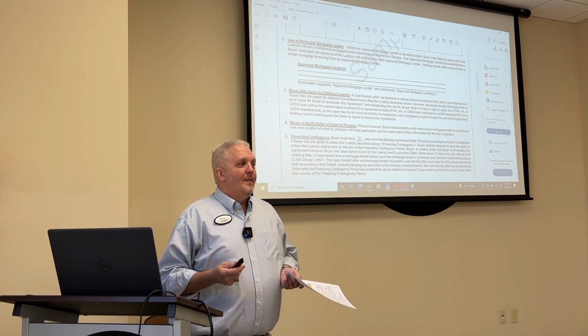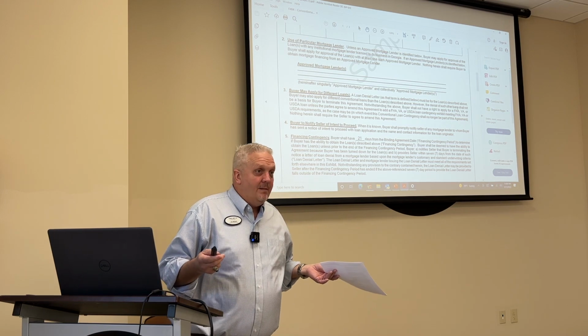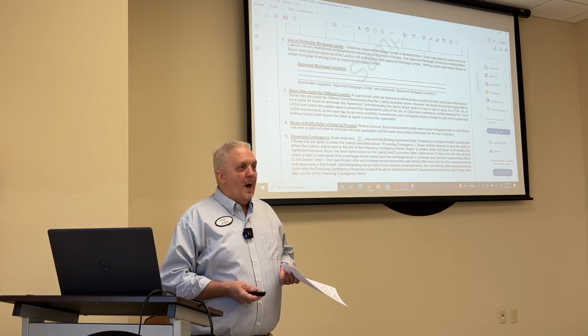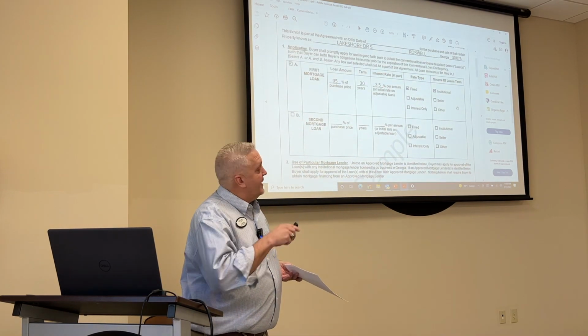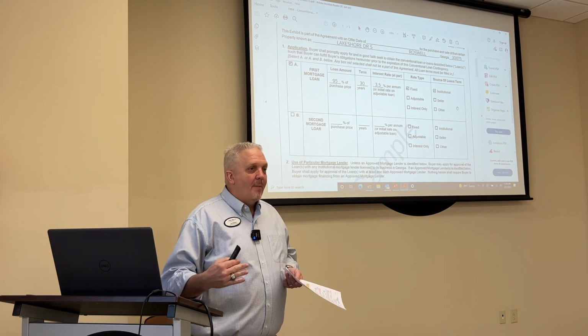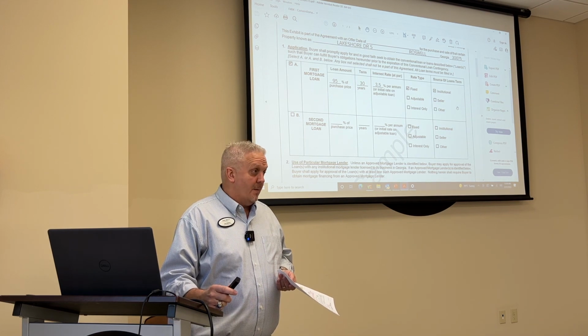So now they want to do a loan denial because they don't want to pay 3.5. They may be able to, they may not be able to, but the fact that there's a number up there that is lower than what they can actually qualify for means that they have an option to submit a loan denial letter, get out of their contract, and get their earnest money back. Okay?